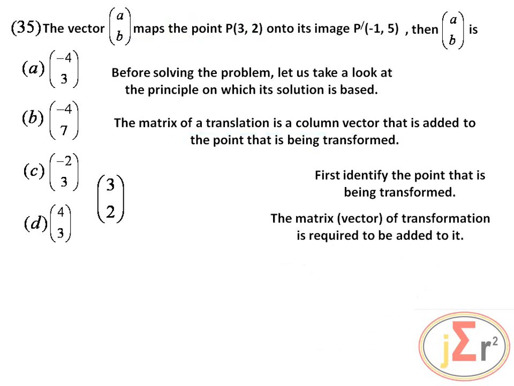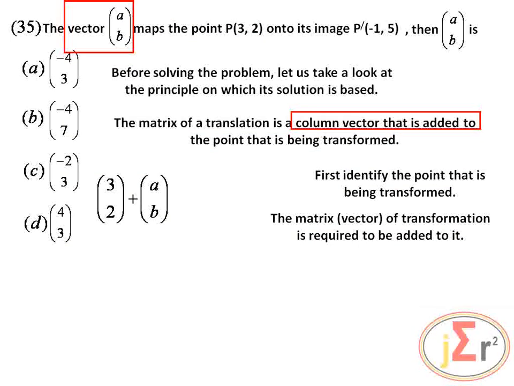So we are going to add the column vector to that point. Right? There we have it. The column vector, or I would say column matrix, but it's a vector, is added to that point.